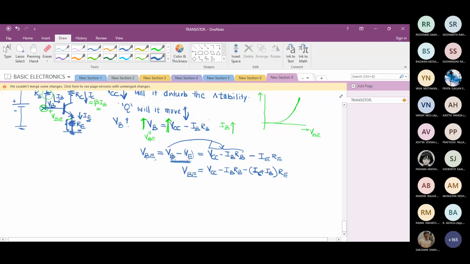Now imagine VCC goes up. The same problem. VCC goes up. Tell me what happens. If VCC goes up, earlier we had VCC minus IBRB. Now we have VCC minus IBRB minus the extra term. Is something getting subtracted here from this VCC minus IBRB?